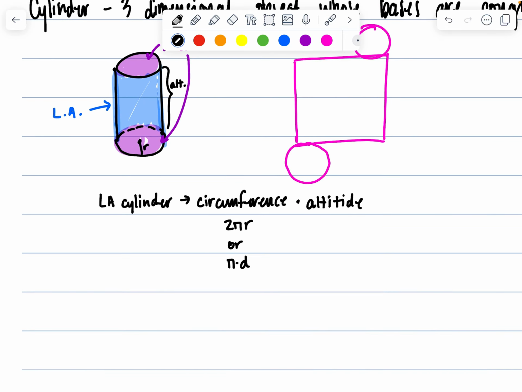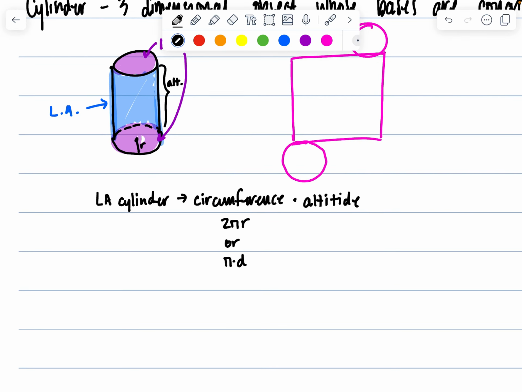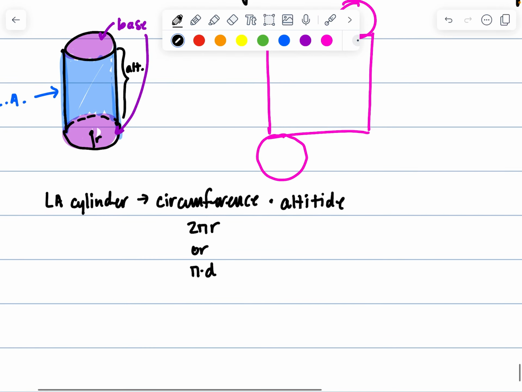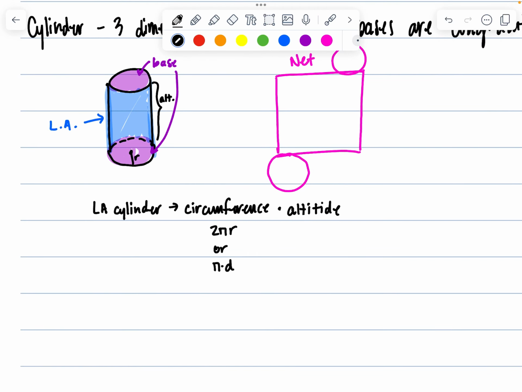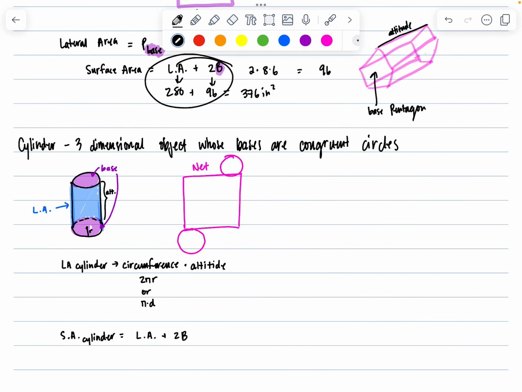So let's give some actual values to this. Solving for the lateral area, lateral area of the cylinder is circumference times altitude. The surface area of a cylinder is equal to lateral area plus 2 times the base. Isn't that the same equation we just had here? Well, it is, because it follows the exact same concept.